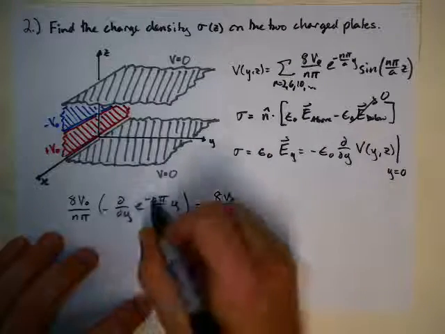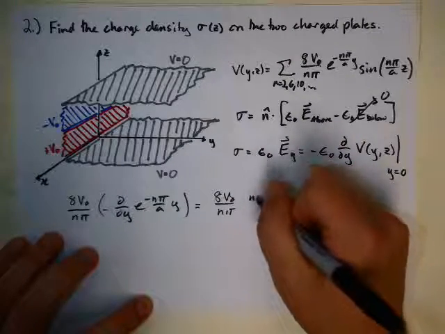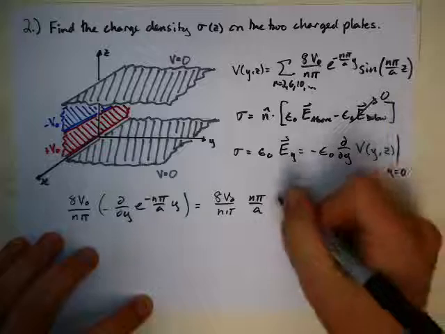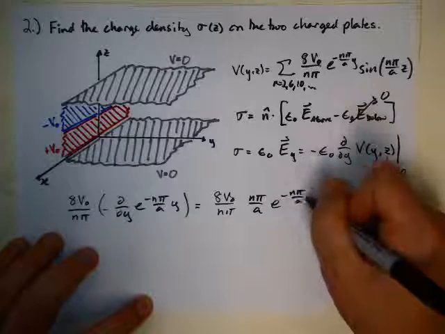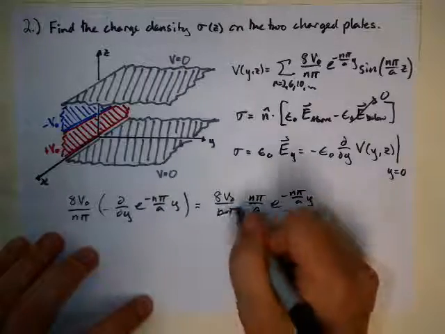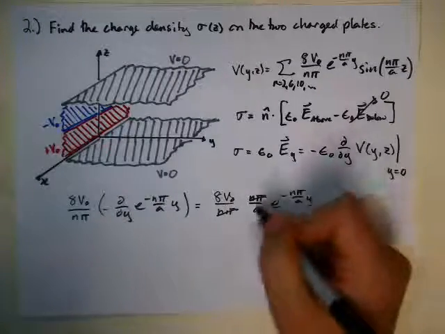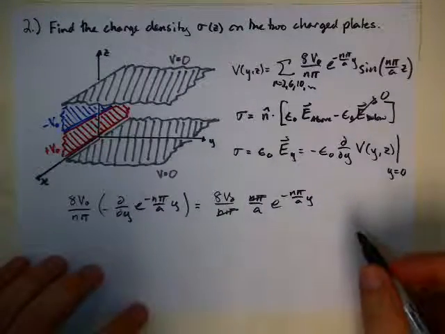The minus sign is going to cancel. This gives n pi over a times the exponential of minus n pi over a y. And so the n pi's are going to cancel, and I'm going to get a factor of a out.